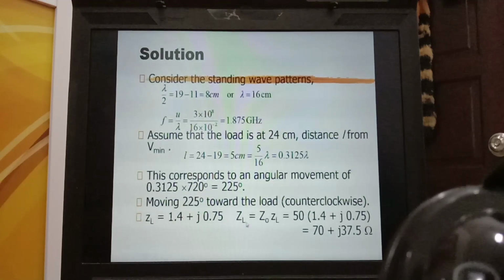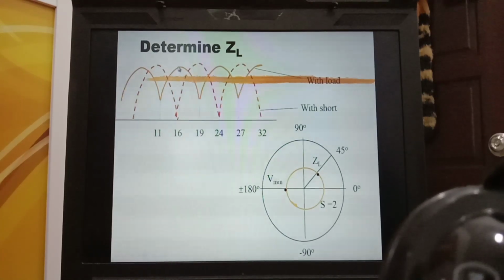So this is the impedance of the unknown load at this location, which is also equal to the impedance at the end of the transmission line where the unknown load is connected to the transmission line.